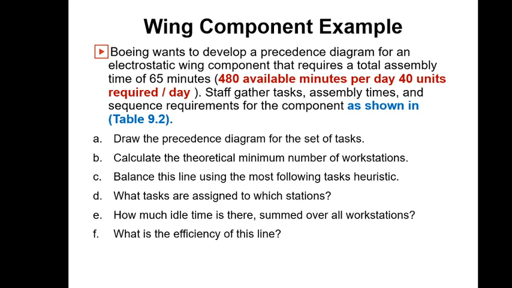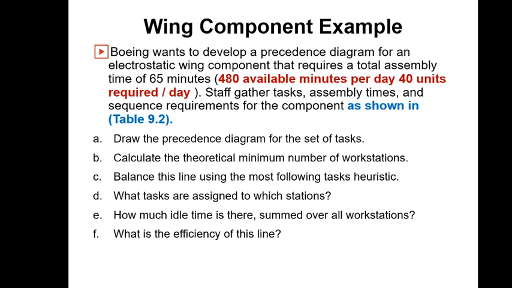Today with this example we will see how to calculate the cycle time, how to calculate the number of workstations, and, most important, how to balance your assembly line in order to meet your schedule and not exceed the available production time. Let's start with our example to clarify things.